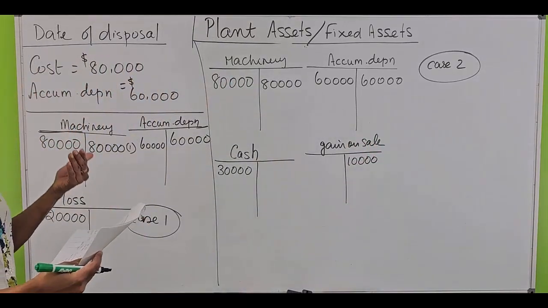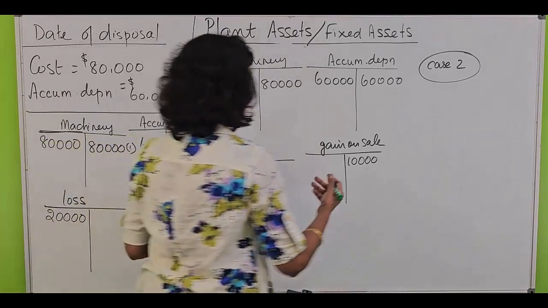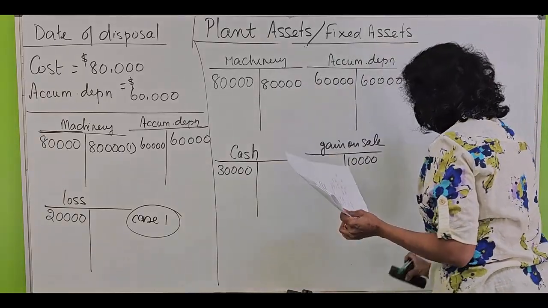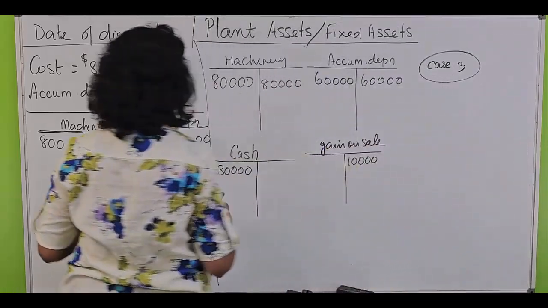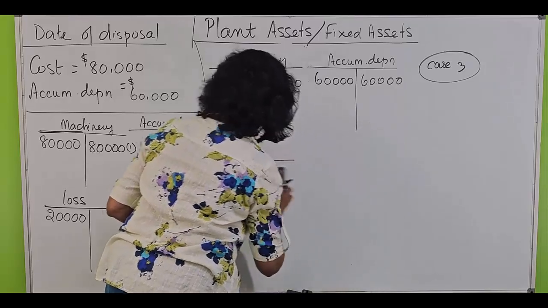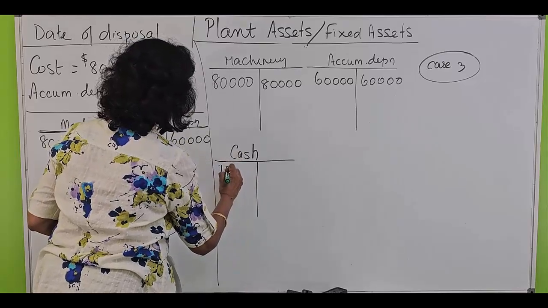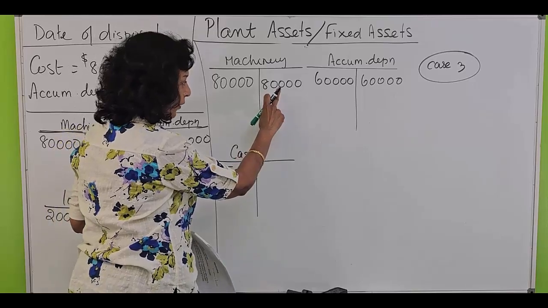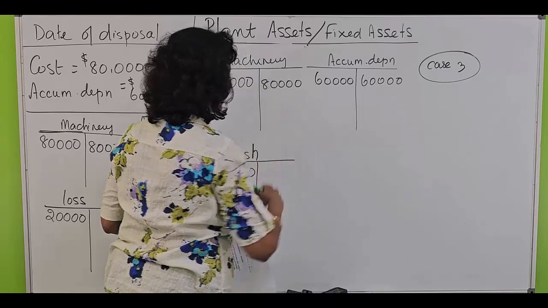Next one, let's go to case 3. So here, they're selling it for $15,000. So here, again, they will debit cash for $15,000. They will credit machinery for $80,000. They will debit the accumulated depreciation for $60,000.